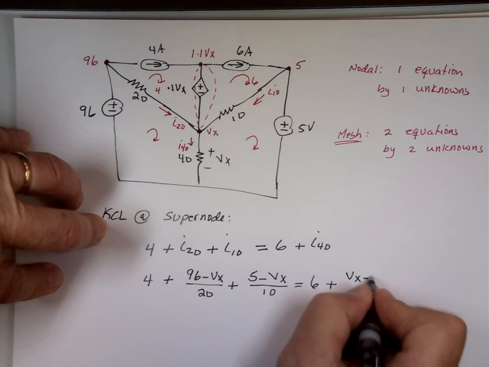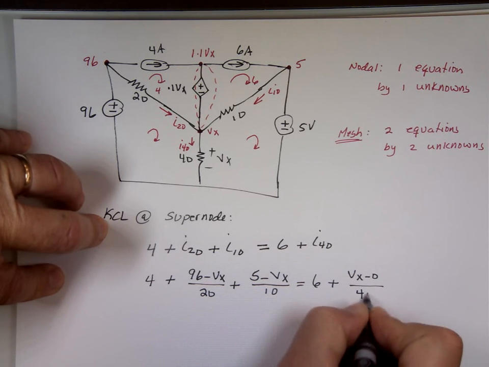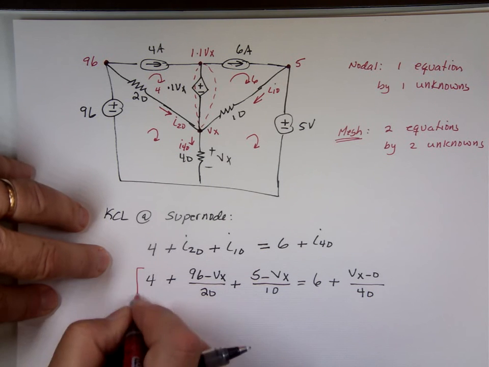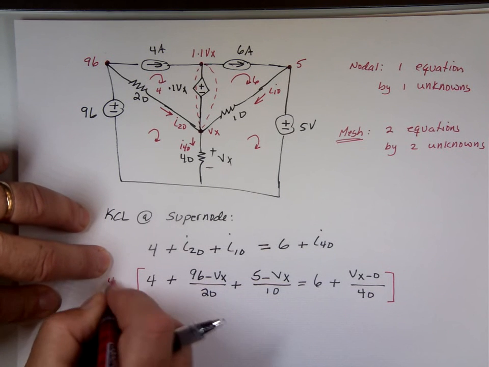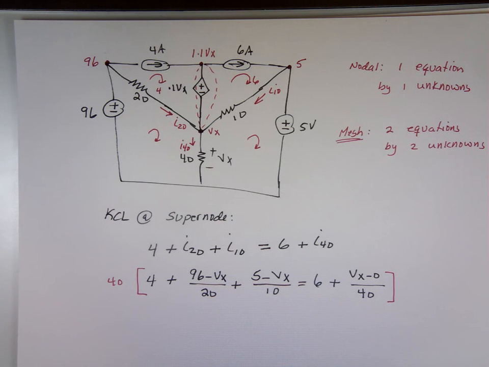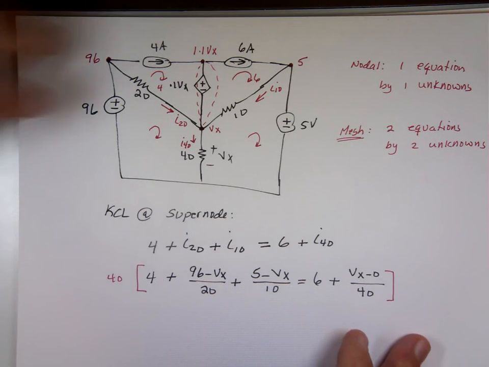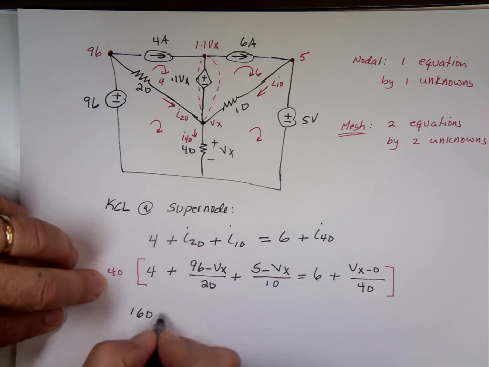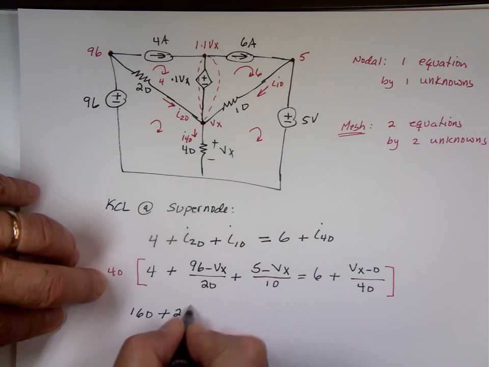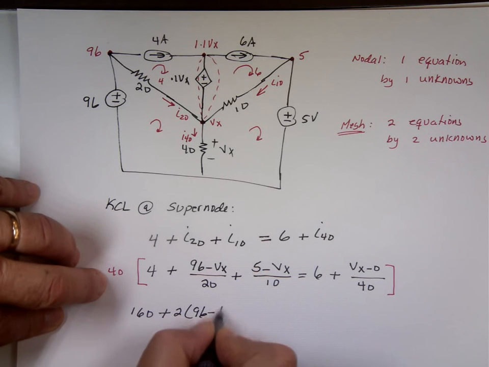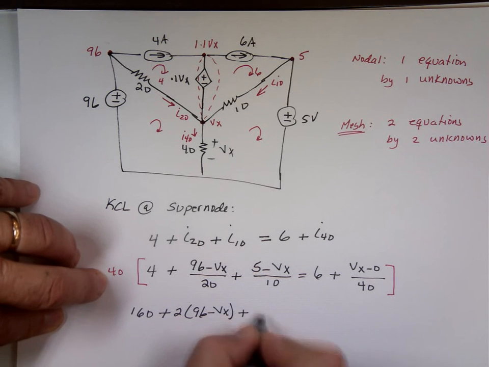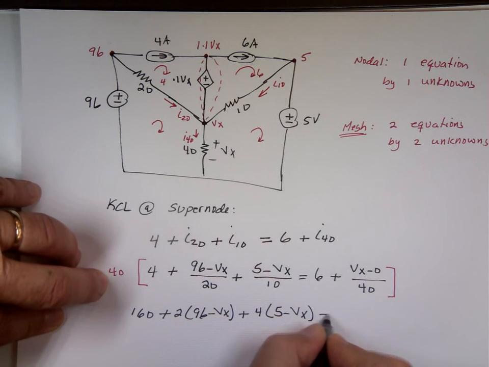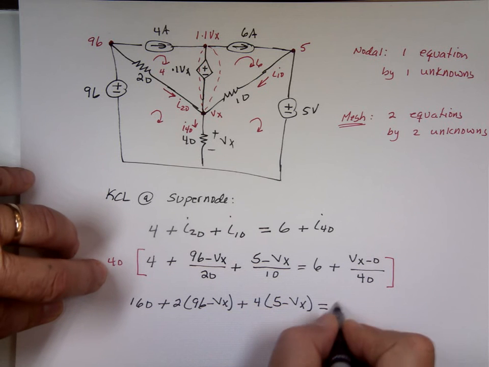What's my LCD here? 40. What's 40 times 4? Is it 160? Plus 2 times 96 minus Vx plus 4 times 5 minus Vx equals, is that 240 plus Vx?